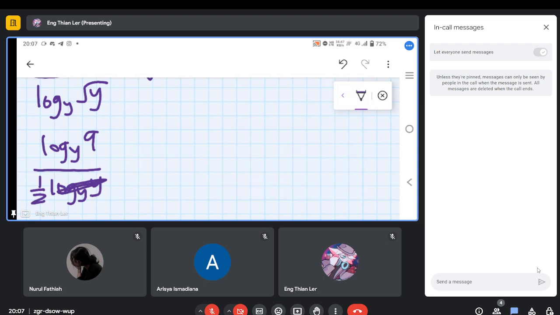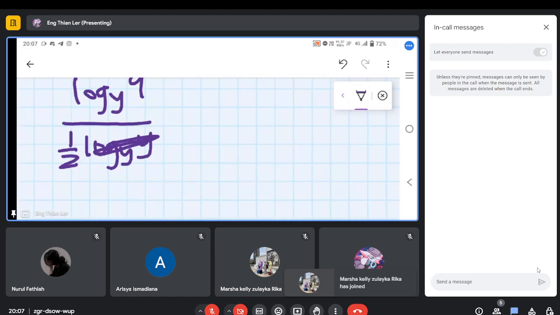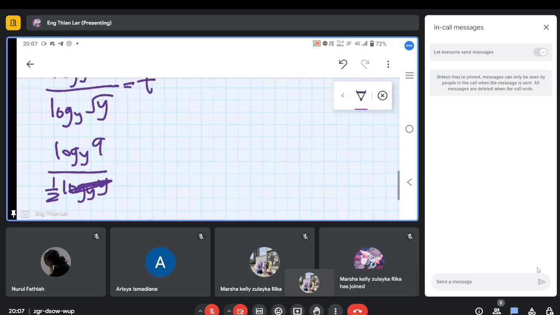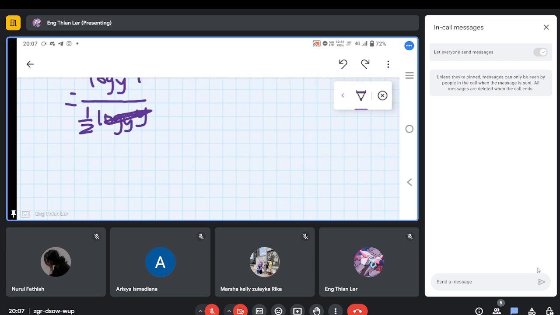If you want to know why, it is because a to the power of 1 equals a, so based on the law of logarithm we can actually prove that. Wait, I forgot to write equal. So now we have 1 over 2 at the bottom side, and we can push this 2 upward.